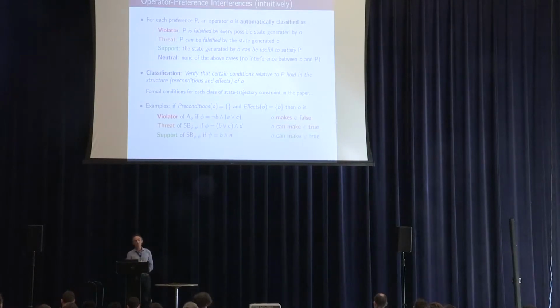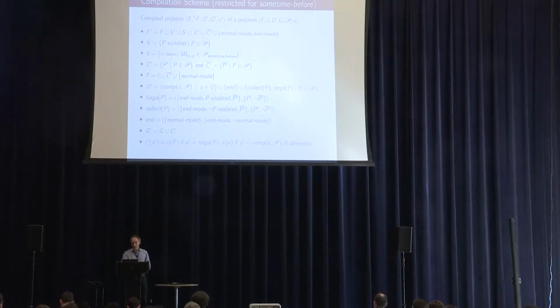It is a support for the same preference if it makes psi true, because this can be useful later if the plan will make phi true, since the constraint says that when phi is true, psi was true before. And it is neutral in the other case.